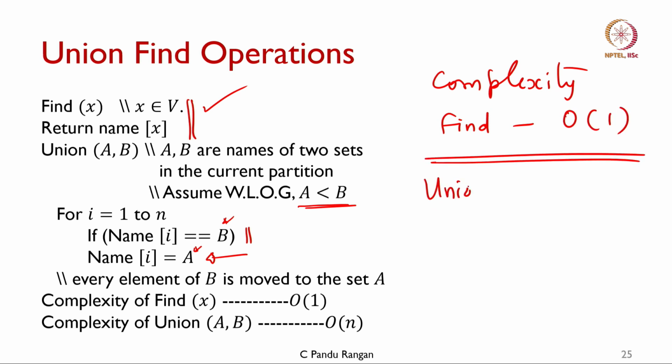The complexity of union is order n, because you are going through the entire array and wherever there is B you change it to A. So, we have seen the name array representation and the implementation of the find and union procedures in it. Fitting this code over there completes the description of one implementation. We will see the details related to them in our next session.